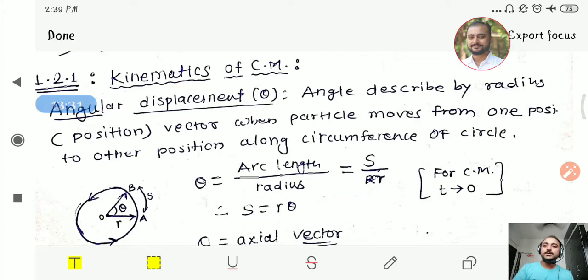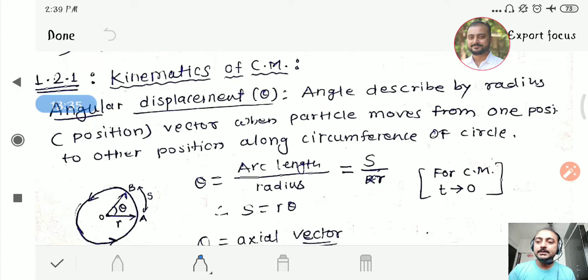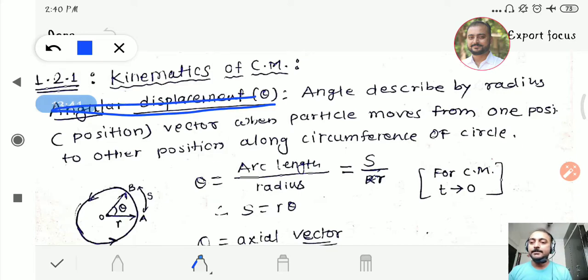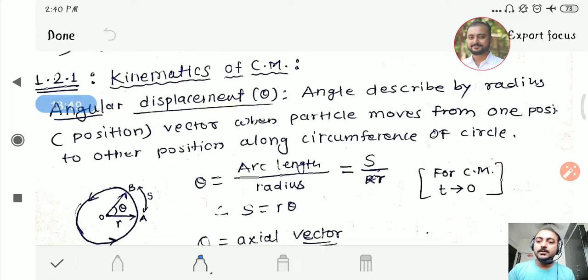Okay, so first I am going to explain in kinematics the angular displacement. What is the angular displacement? It's simple.